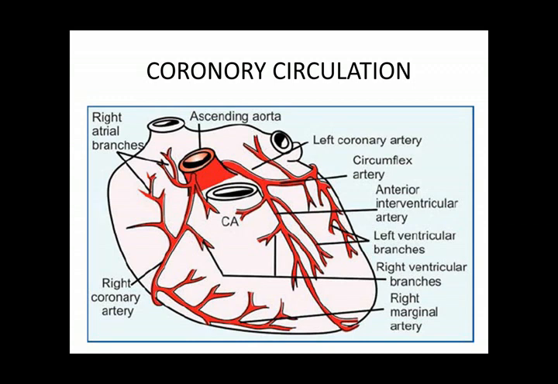For example, the left circumflex branch communicates with the branch of the anterior descending artery, the anterior descending artery communicates with the right coronary artery, and the posterior branches of the right coronary artery communicate with the left circumflex artery, etc. This communication is very important, because if one vessel is blocked, the supply can occur from the other side. This is one type of circulation.